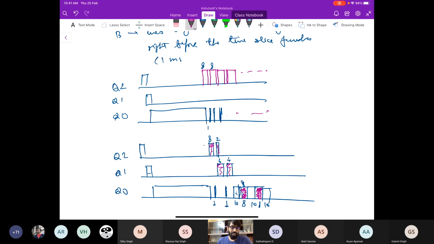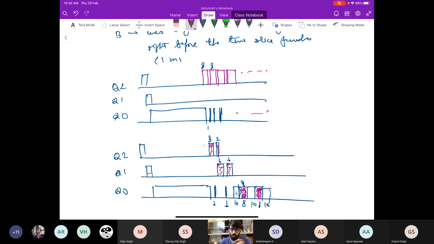Earlier, the time slice was that, okay, if you finish one time slice, then you go down; if you don't finish your time slice, then you remain at the same level.